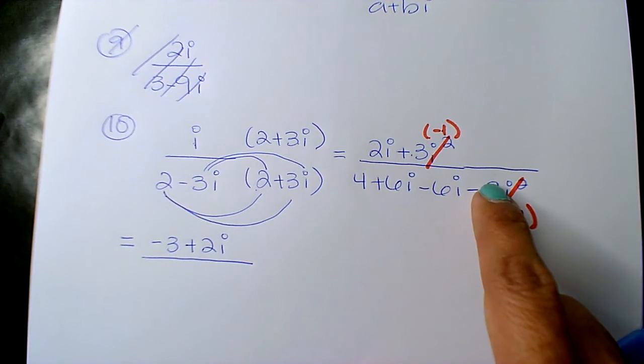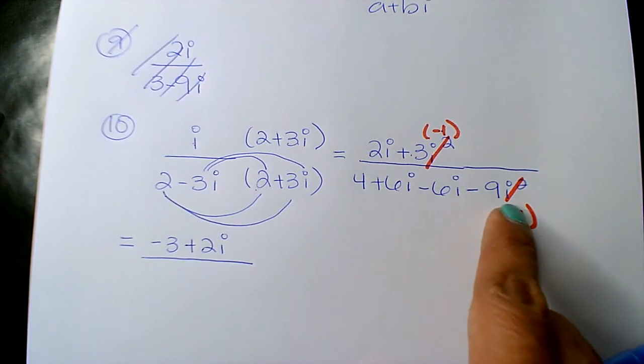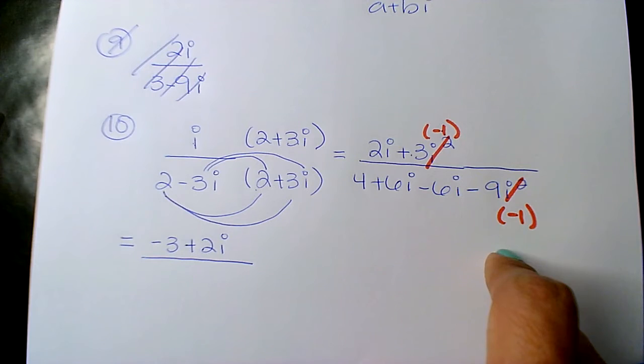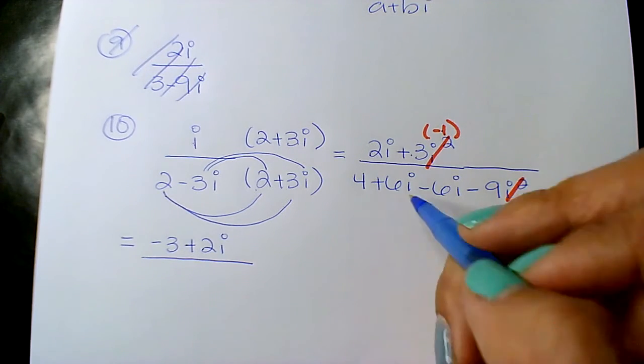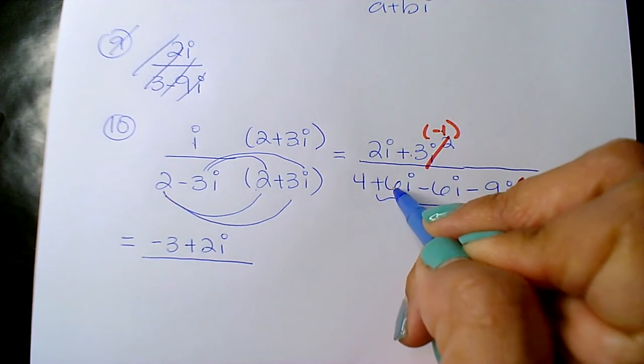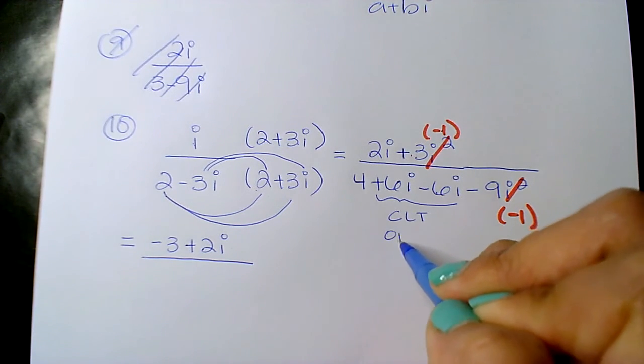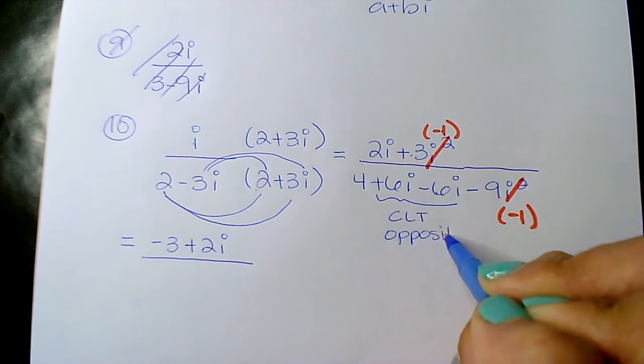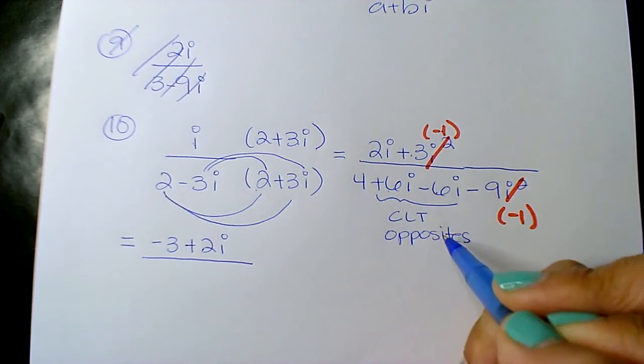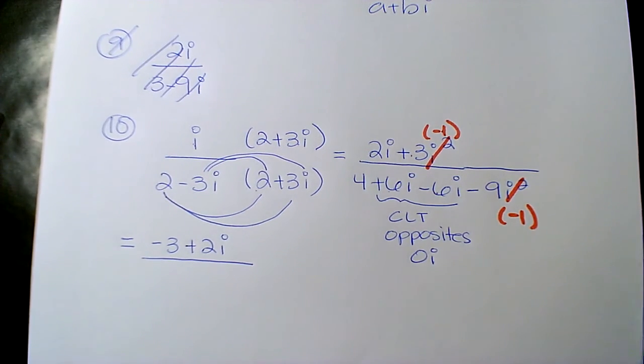So now the bottom. Okay. Look, you have positive 6i, negative 6i. If you combine those, do you notice they happen to be opposites? Positive, negative. Wouldn't that just go to 0i? Yeah? Okay, so can I just leave it out?